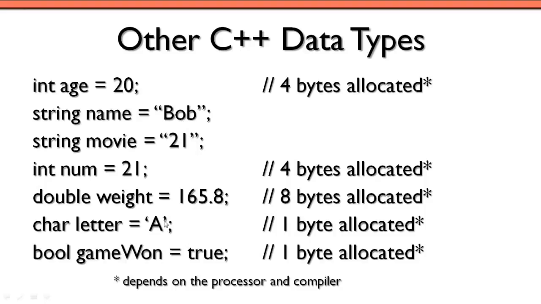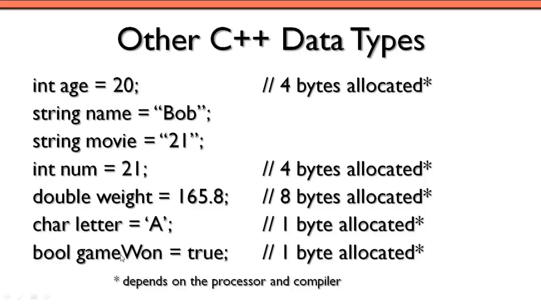So we could not go in here and assign any representation that has double quotes to a character variable. If we were to type out double quote A, double quote, and try to assign it here, the compiler would complain because that is not the type of value that characters support. And it usually has a single byte allocated for a character.